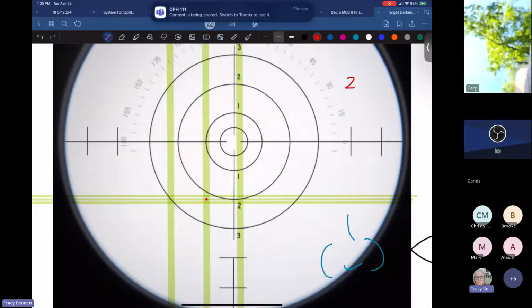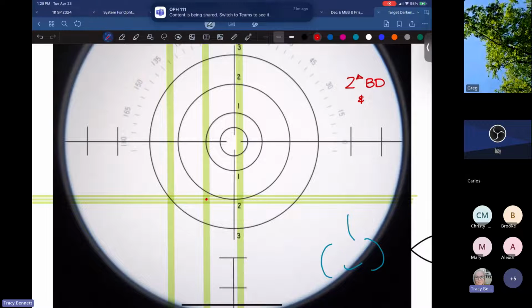You see that? 2, and we're down. So base down. But then we also have a certain amount in or out, right? So is it in or out? When we look from here to here, we see that we moved out from that central point.